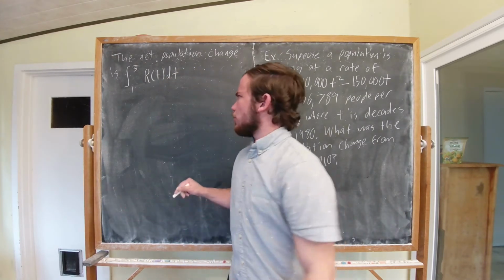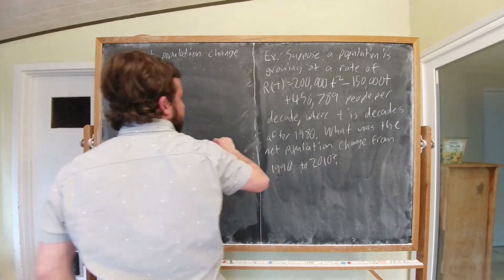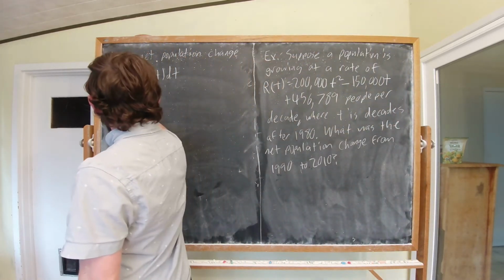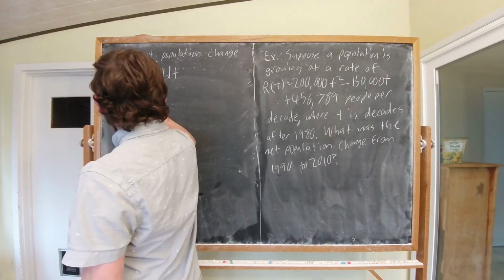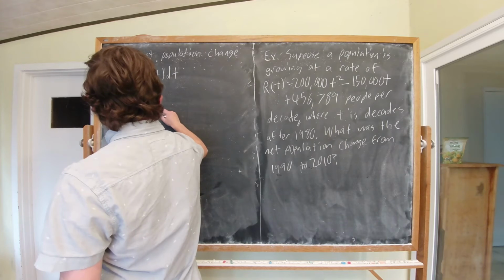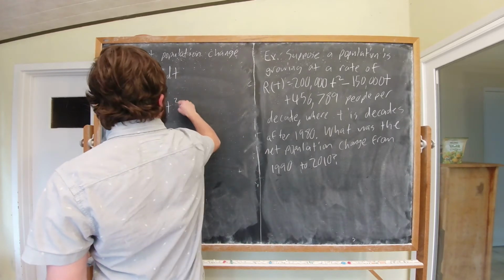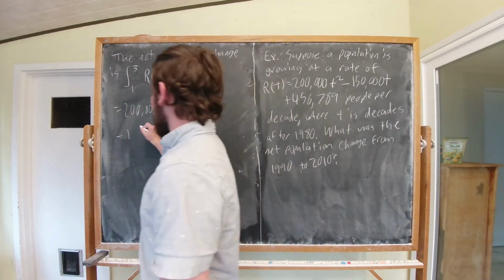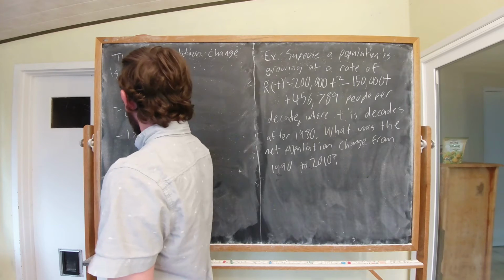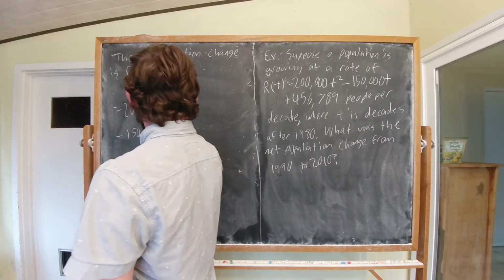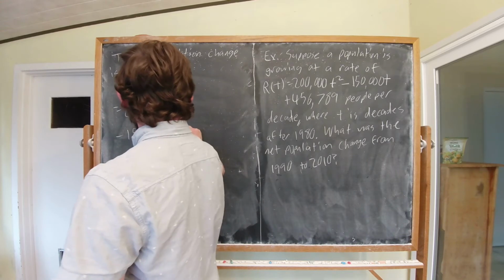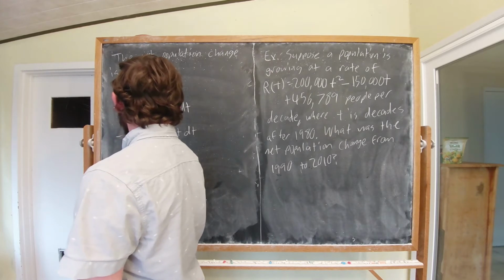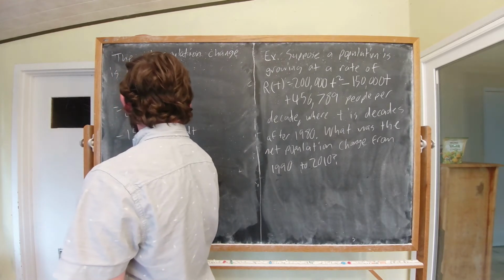All right, let's compute that integral. We have 200,000 t squared. So just using our scalar multiple rules and our sum rules, this is 200,000 times the integral from 1 to 3 of t squared dt minus 150,000 times the integral from 1 to 3 of t dt plus the integral from 1 to 3 of 456,789.